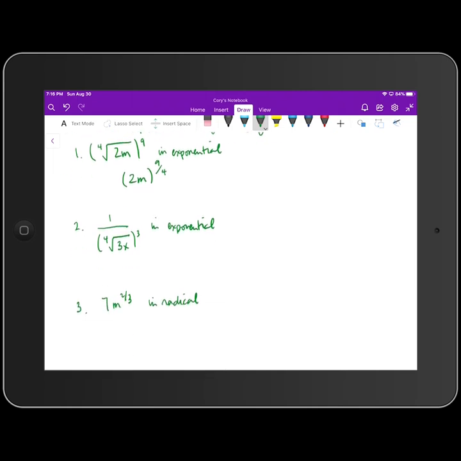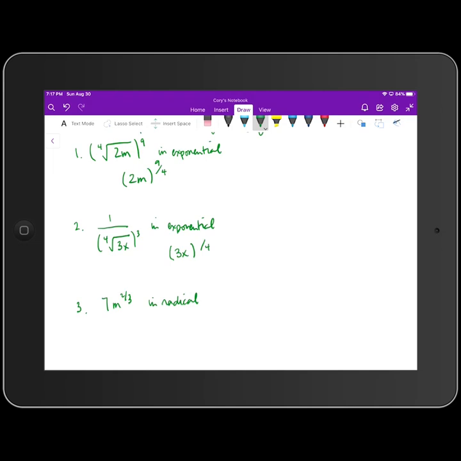Okay, for number 2, we have 1 over the fourth root of 3x, which we're raising to the 3rd power. Okay, so let's take a look at the radical first. So the quantity that's underneath the radical is 3x. 4 is the index of our radical.